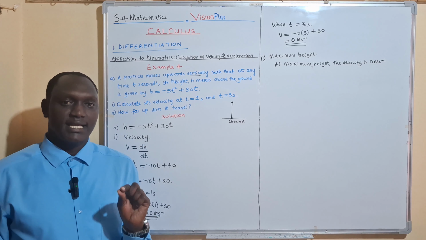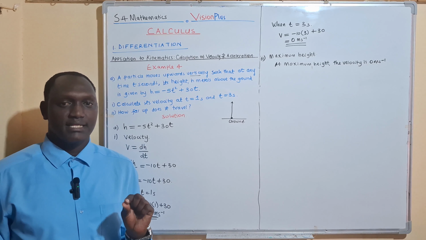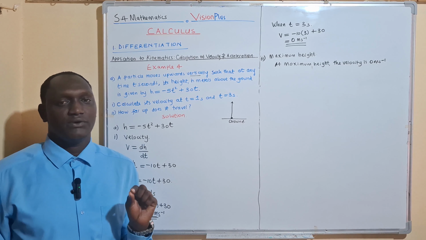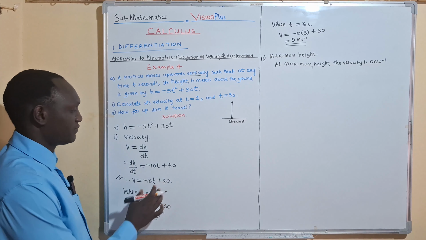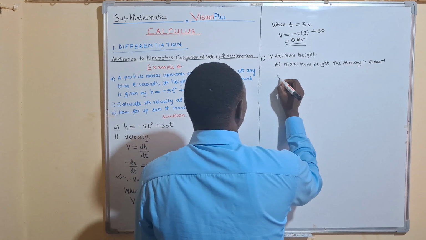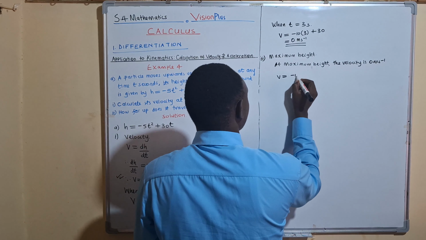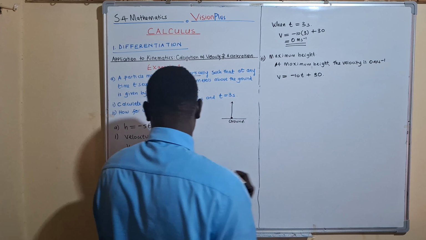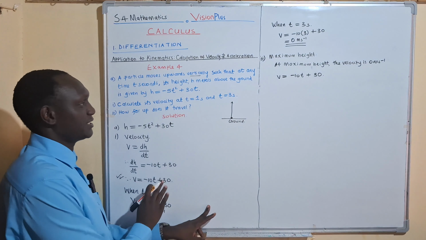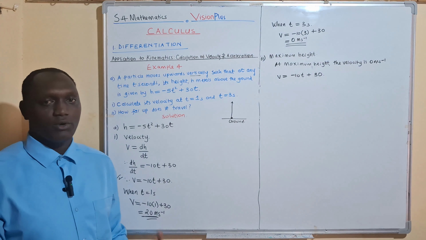Now, let us get the time when the velocity is 0. This is the expression for velocity at any time, that v is negative 10t plus 30. This is the expression for velocity at any time of our motion.